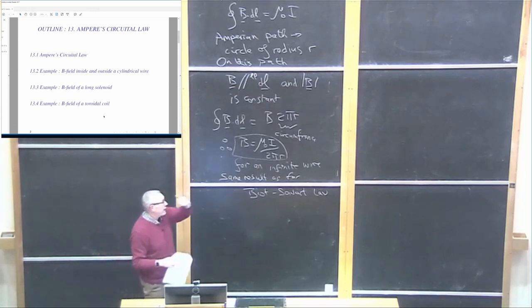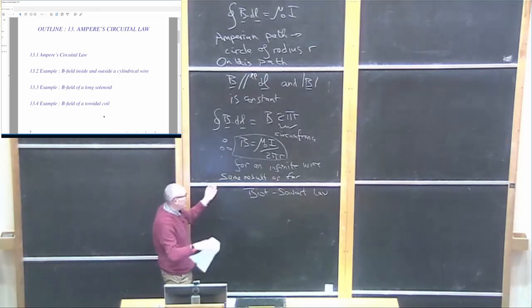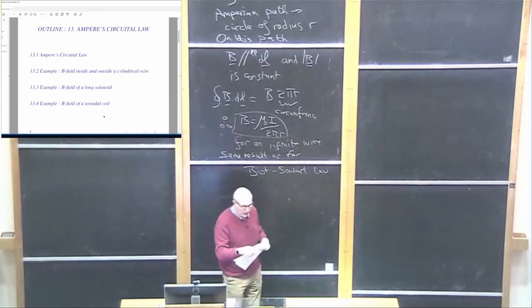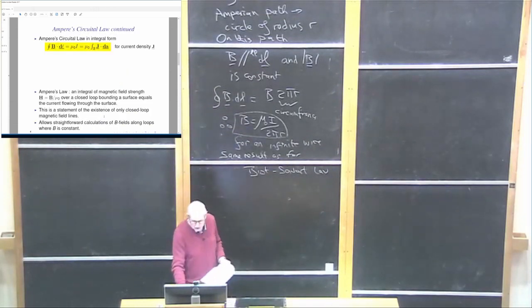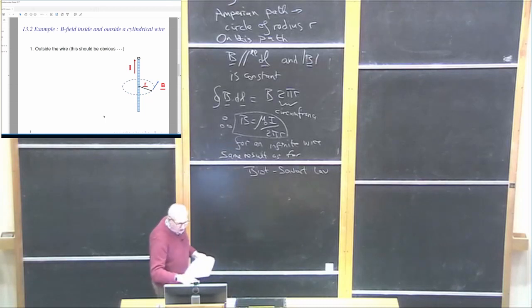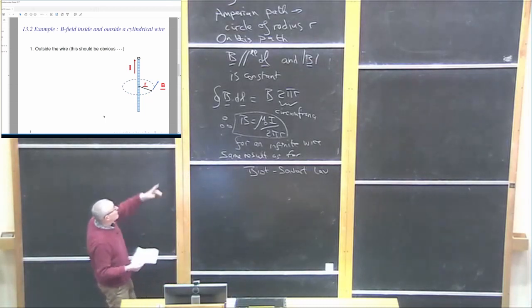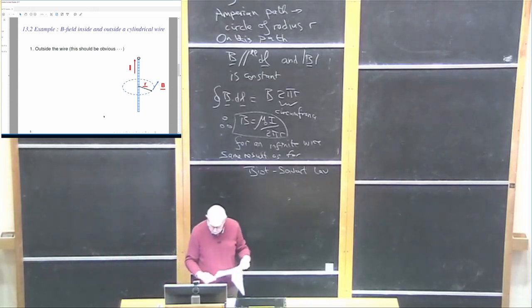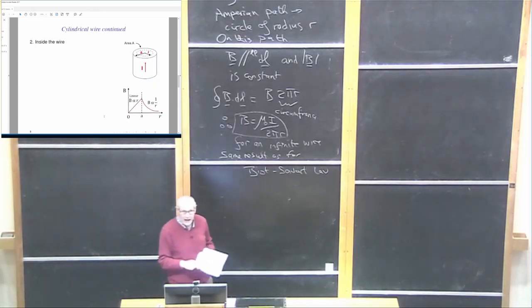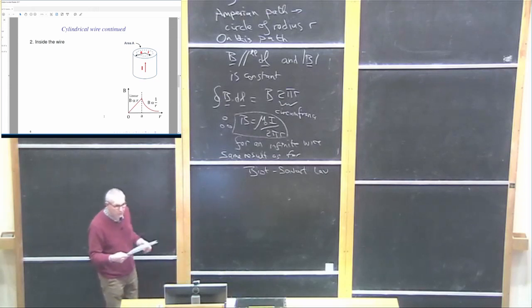I don't have to do any nasty integrals, I just have a simple line integral. Sorry, that should have gone with that, but I drew the figure anyway. So that's outside the wire.